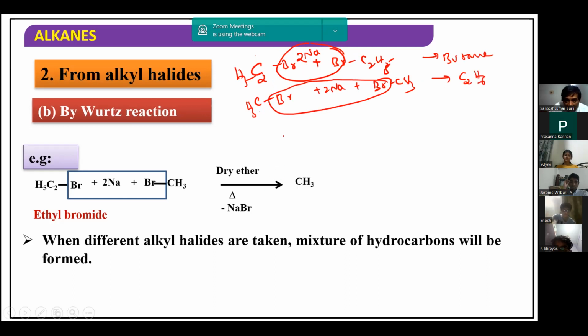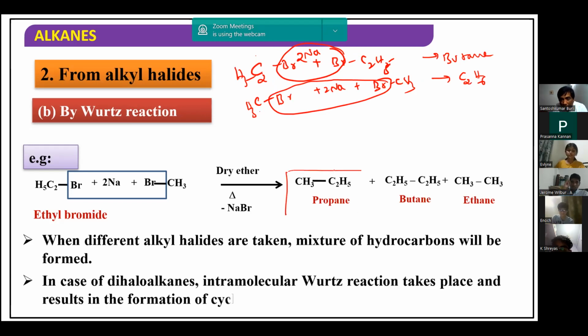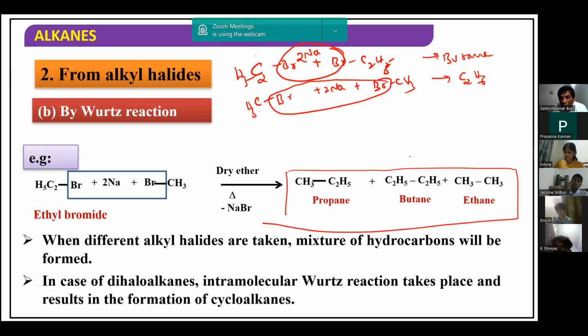So there are three different possible products you can get here: propane, butane, and ethane. It is a mixture of three products, and all these three have very little difference in their boiling points. Separation becomes very, very difficult. So separation of these alkanes becomes very difficult.